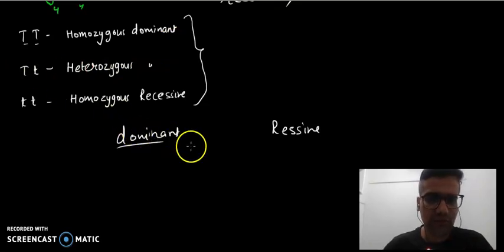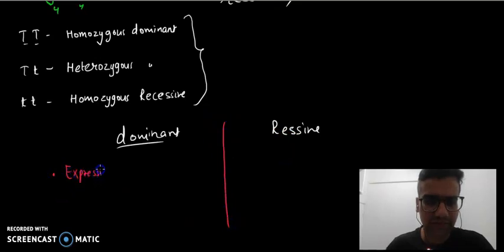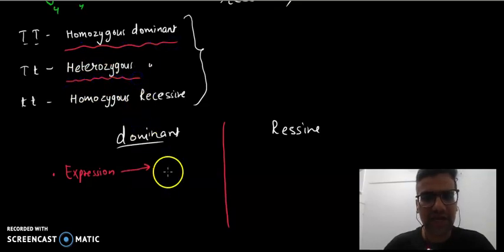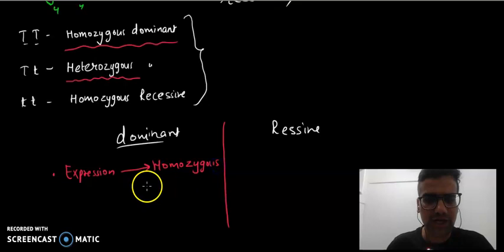So if we talk about the dominant factor or dominant gene versus the recessive gene, the dominant factor is able to express in homozygous condition, that is homozygous dominant condition, as well as in heterozygous dominant condition.